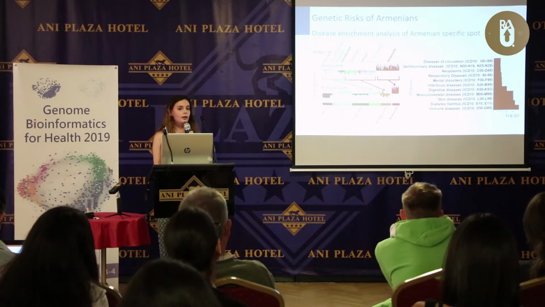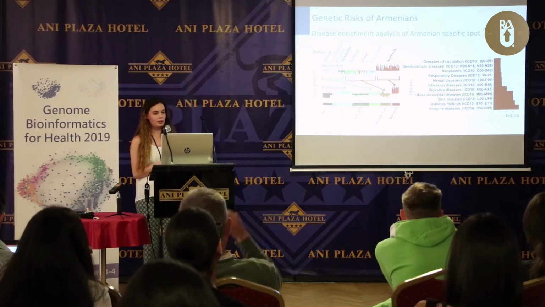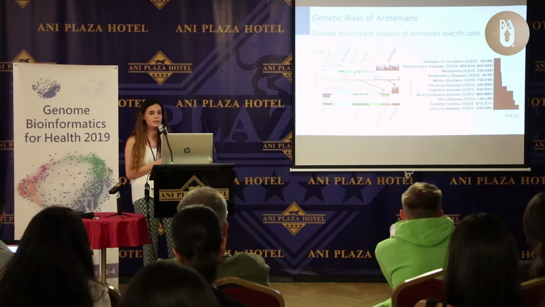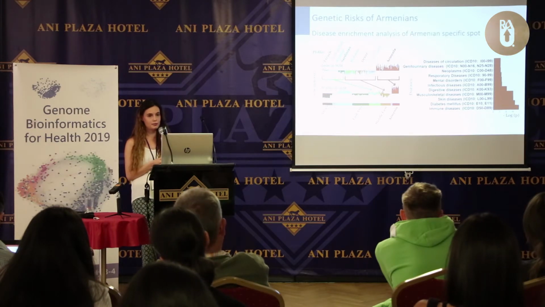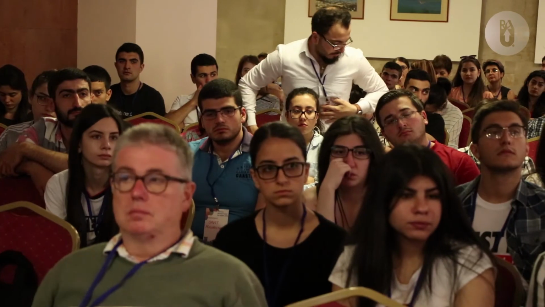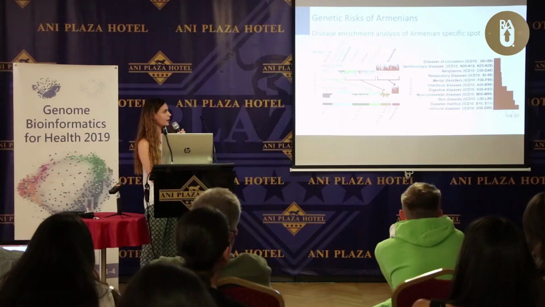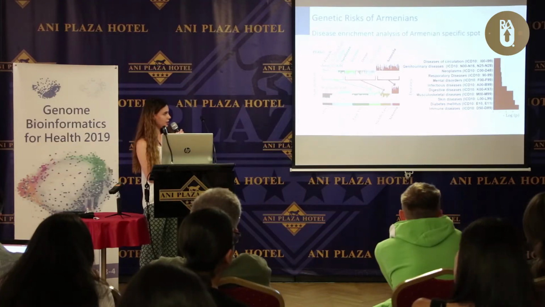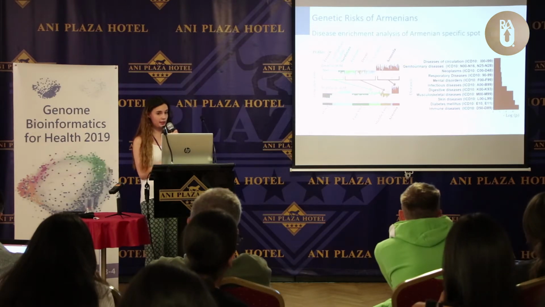So then we deeply investigated the Armenian population and found one specific cluster which is characteristic only for Armenian samples. So this is the distribution of mean allele score across the Armenian neighboring population for the SNPs specific for Armenia.